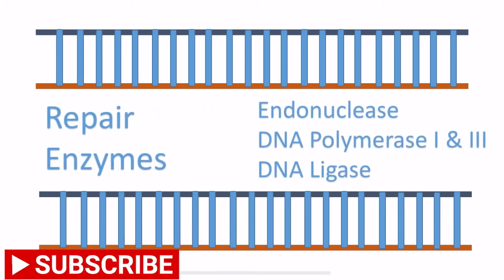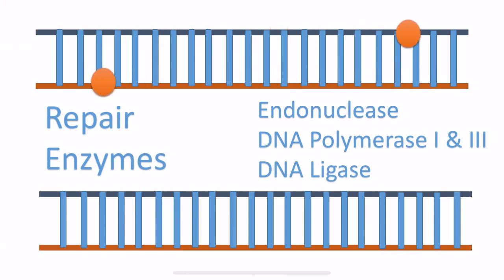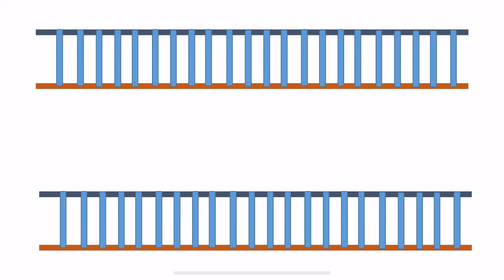The damaged region of the DNA strand is corrected with the help of enzymes called repair enzymes. The enzyme endonuclease causes a break near the region of repair. DNA polymerase 1 and 3 remove the mismatched and abnormal nucleotides and synthesize the correct ones.